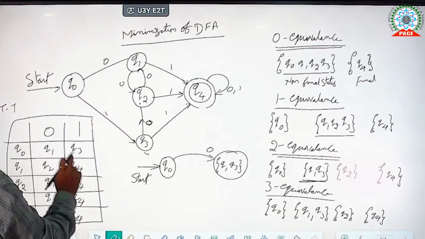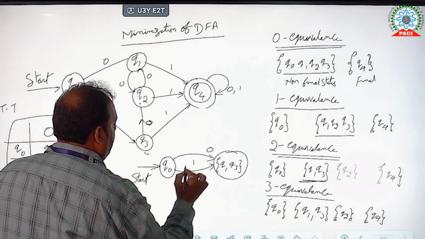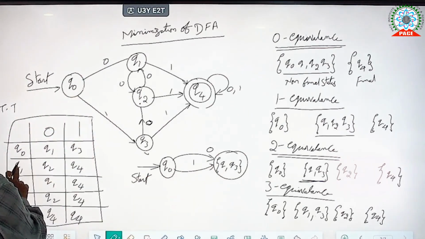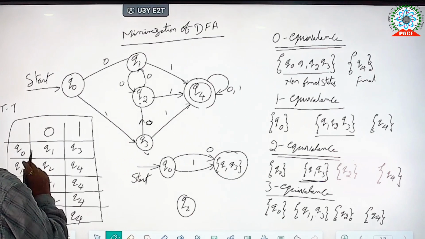Next, Q1 with a 0 transition reaches Q2, so here I am writing Q2. Q1 with a 1 transition reaches Q4.